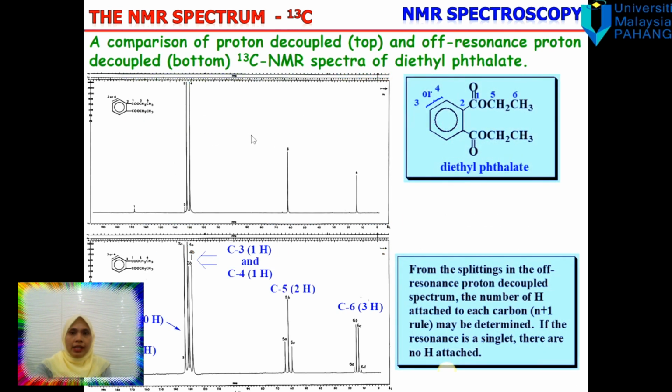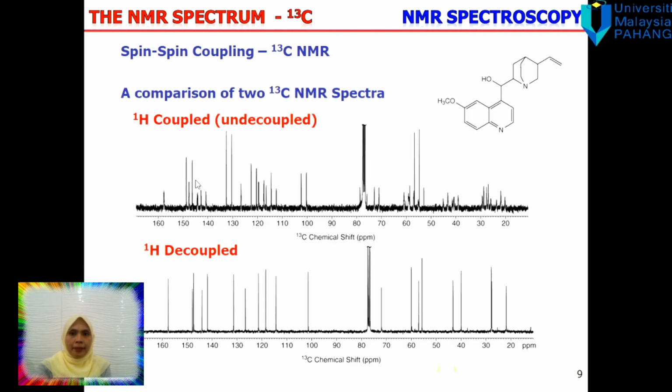As we can see, this is a decoupled spectrum, meaning there is no splitting pattern. And this one is coupled. The coupled spectrum for C13 NMR is a little bit confusing, and mostly researchers run the decoupled experiment for C13.